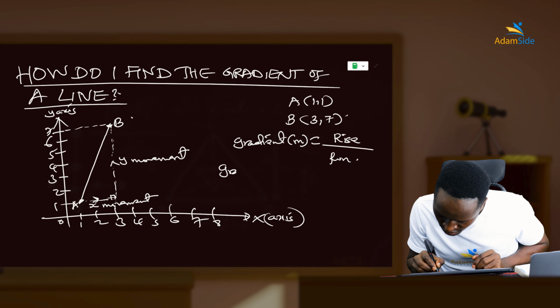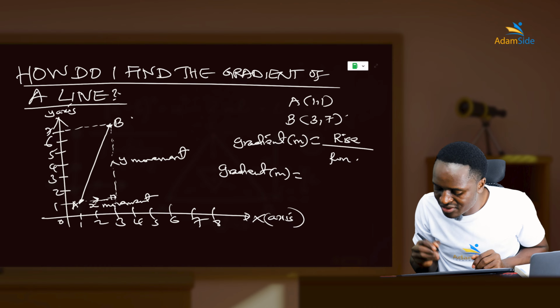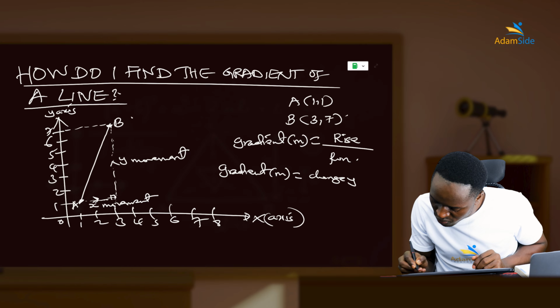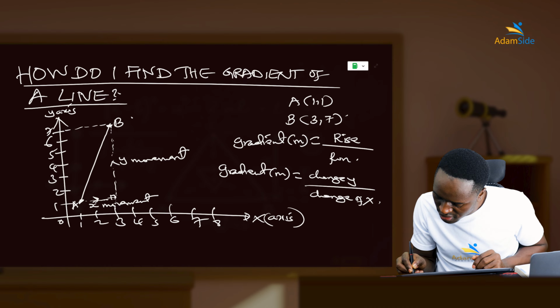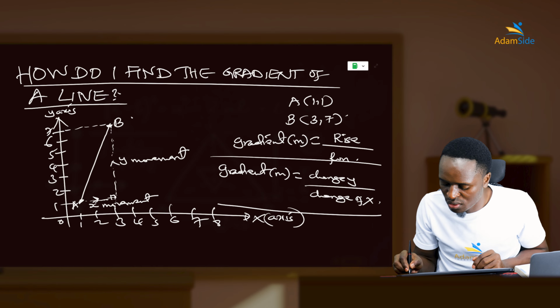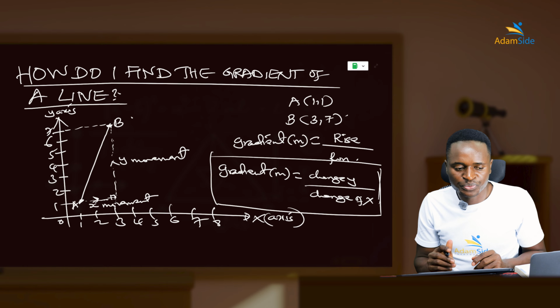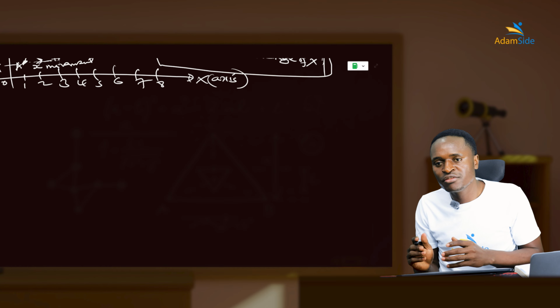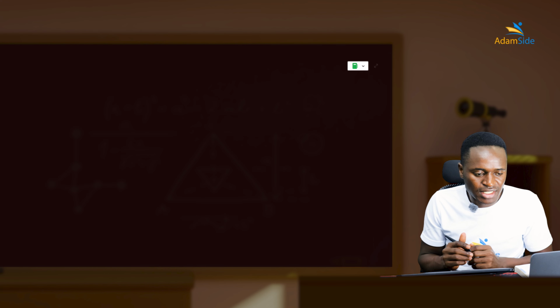Therefore, gradient M, which is rise over run, is change of y divided by change of x. All these are formulas that we need to know. Correct. And we have talked about positive gradient and negative gradient.